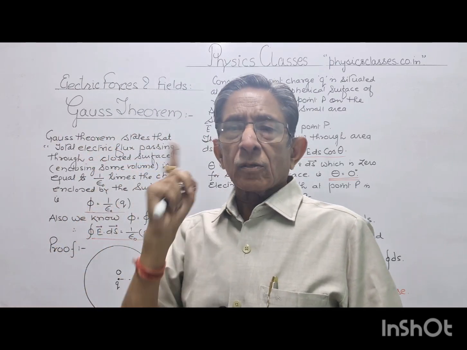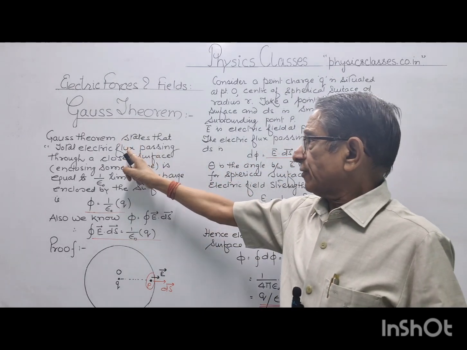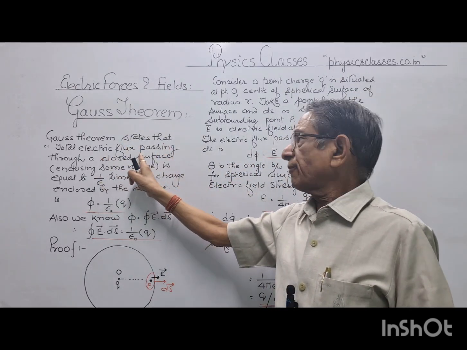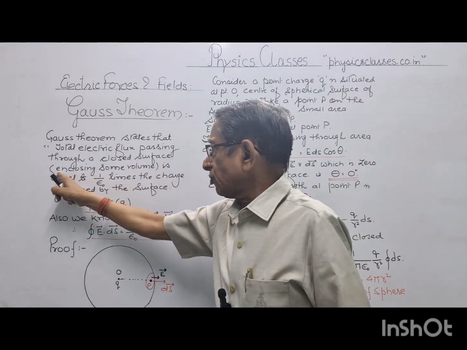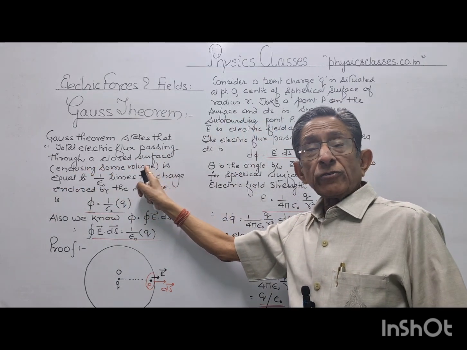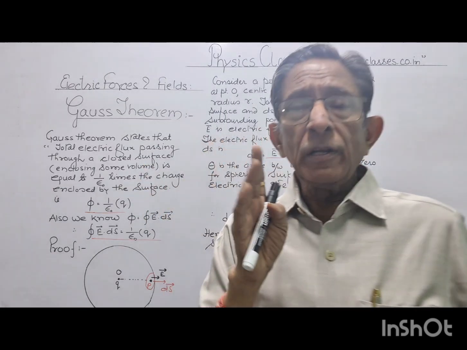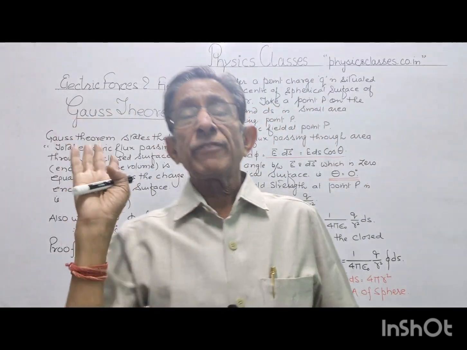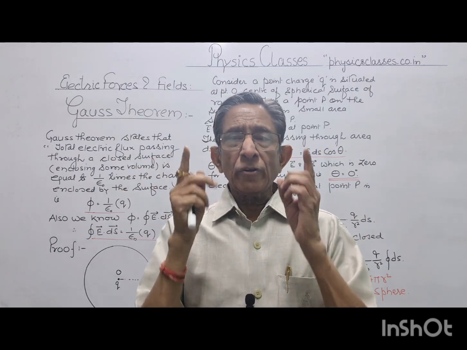Always remember, Gauss theorem states that electric flux passing through a closed surface enclosing some volume. Please stress on this line, enclosing some volume, because we have to consider only three-dimensional figures. Figures in space, not a circle, not a square.